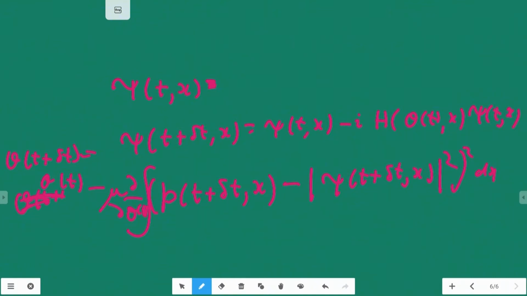That means that if the cost energy function increases with increase in theta t, then this gradient will be positive. So at the next stage you will reduce theta t, and so on. So this is a gradient algorithm applied to this. If you want to implement it, you have to substitute for psi t plus delta t, x into this equation.